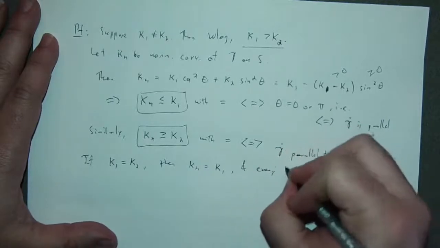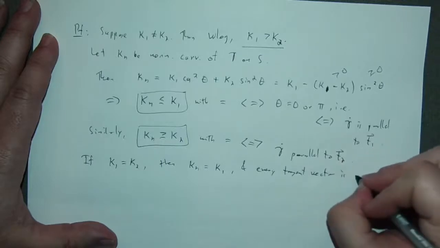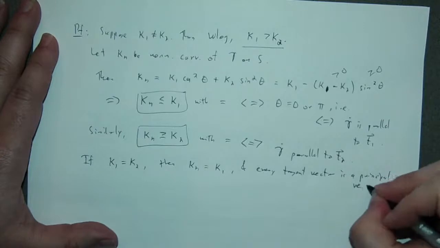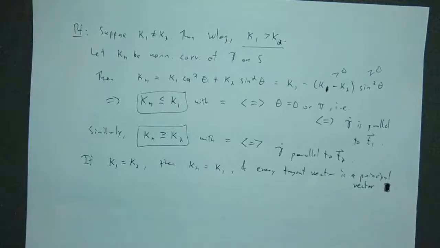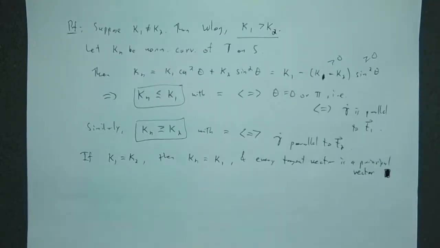Then you take the tangent vector to any curve passing through P, and it is a principal vector. So this statement that the principal vectors correspond to tangent vectors for curves achieving the max or the min is easily seen to be true in this case. All right.